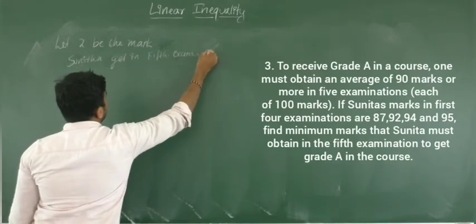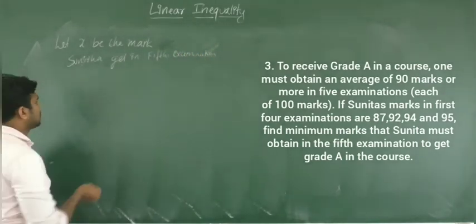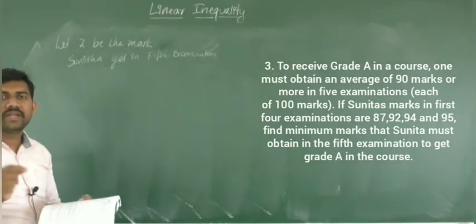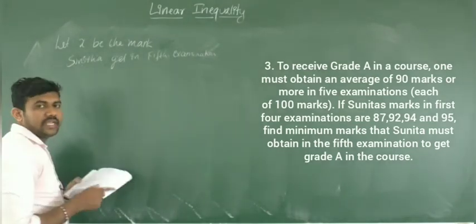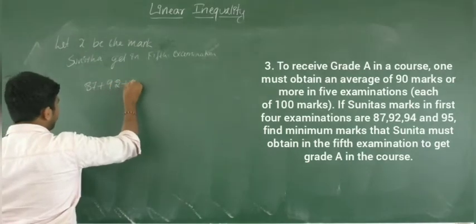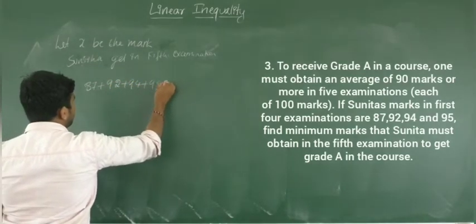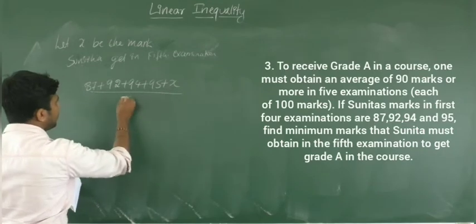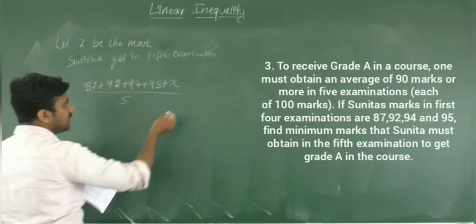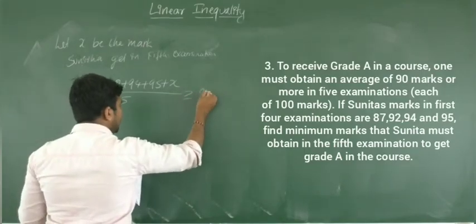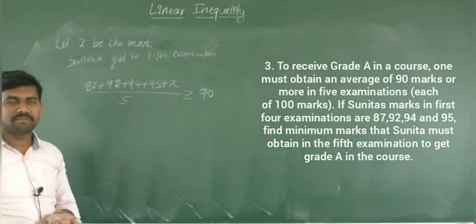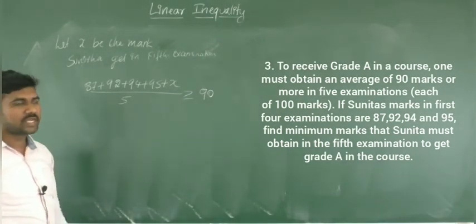Then, according to the condition, the average of marks must be a minimum of 90 to get grade A. So (87 plus 92 plus 94 plus 95 plus x) divided by 5, because 5 examinations are there, 5 terms, is greater than or equal to 90. So what is the minimum marks she must take, x?